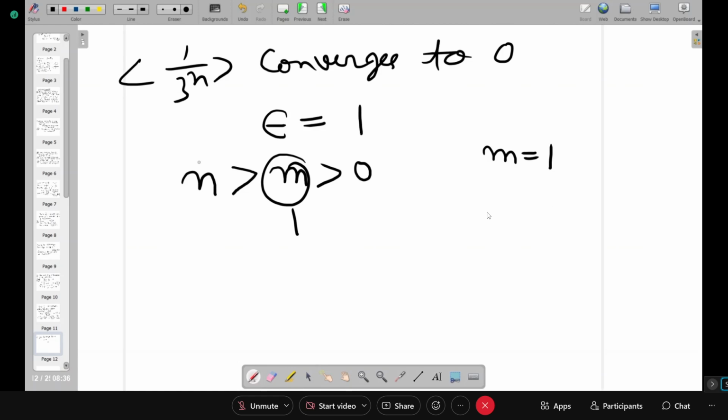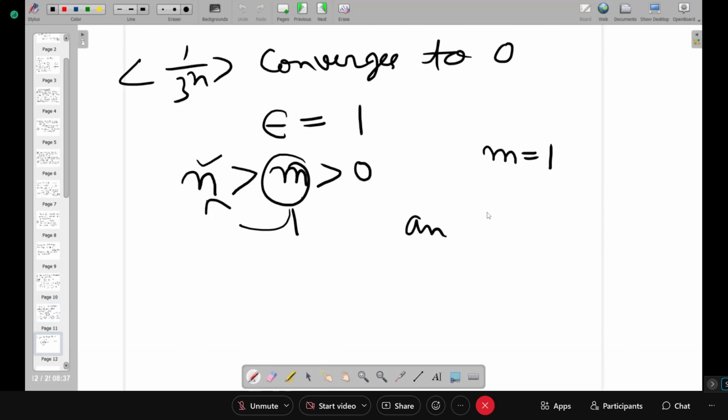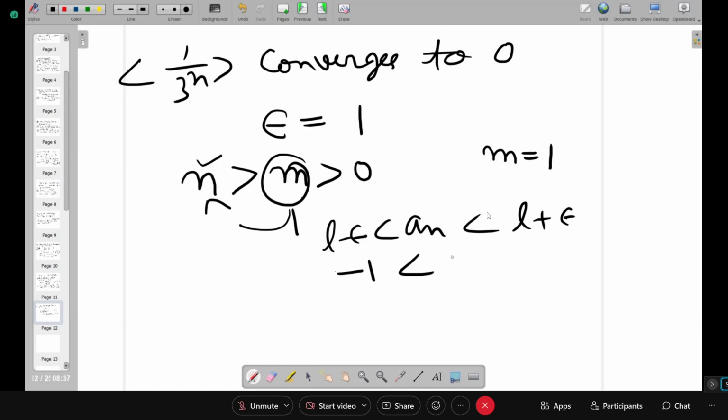Because here n is greater than m, after 1 this value of the sequence lies in this interval, between L minus epsilon and L plus epsilon. Epsilon you are taking 1 and L is 0.